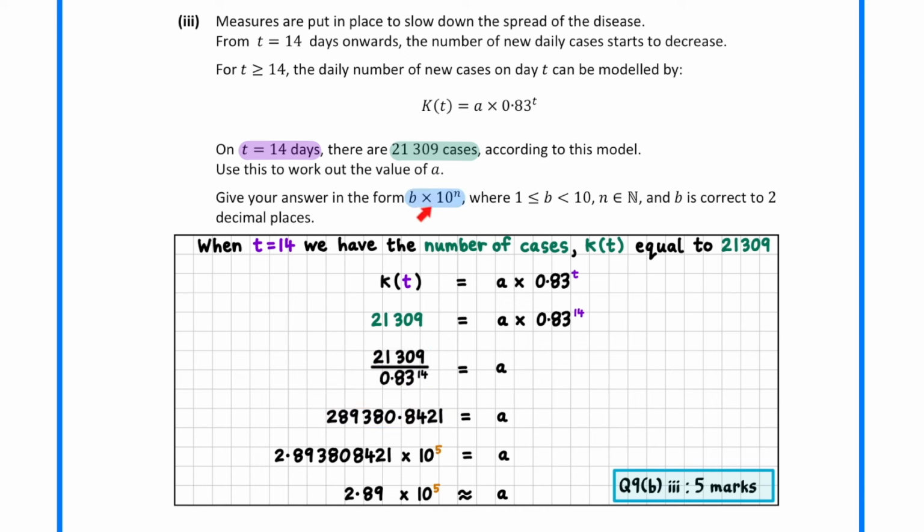The question asks us to give our final answer in scientific notation. We can convert to this form by moving the decimal place 5 positions to the left and then multiplying by 10 to the power of 5. We round our number to 2 decimal places to get our final answer.